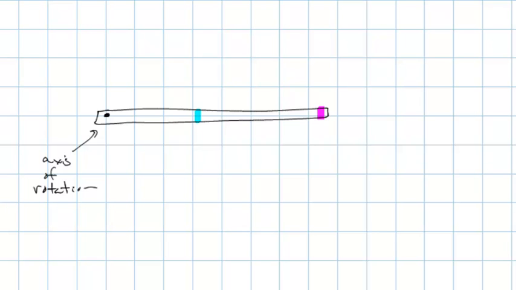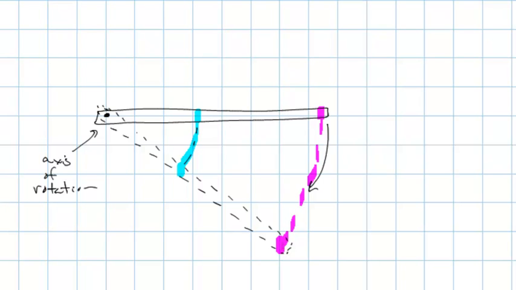And as this bar rotates, at some later time, the blue spot has moved over and it's now here, and the purple spot has moved over and it's now there. The question is, which one is going faster?